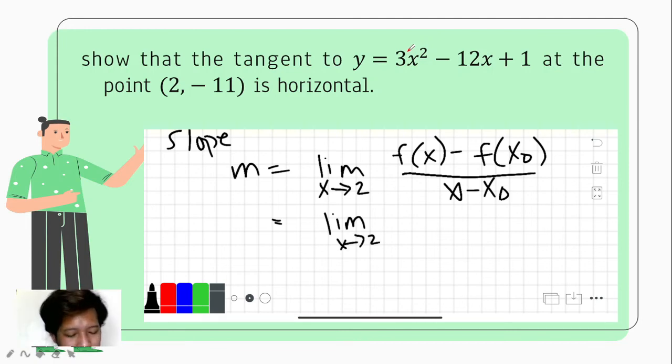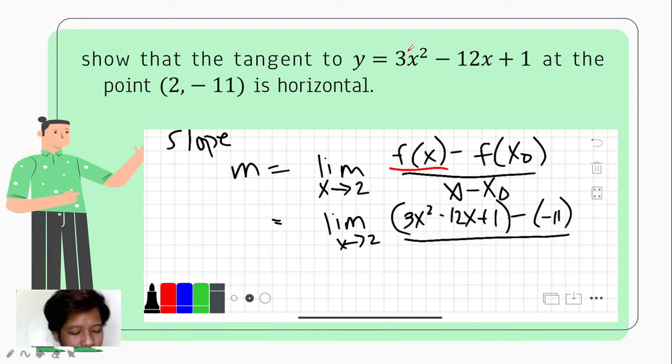Okay? So, we have now the limit of, our function f of x is 3x squared minus 12x plus 1, and our f of x sub 0 is negative 11, over x minus x sub 0, which is 2.